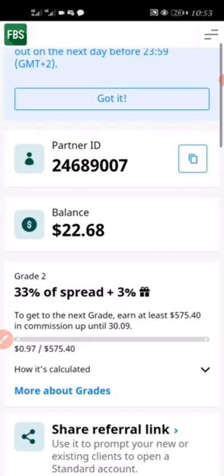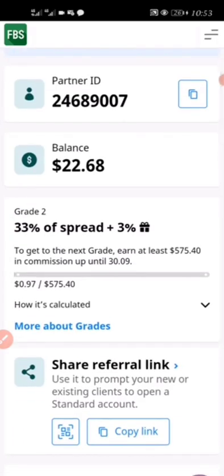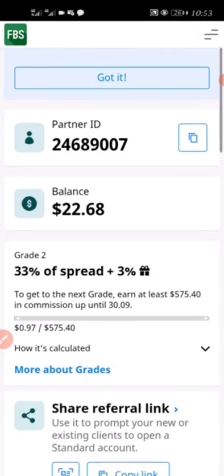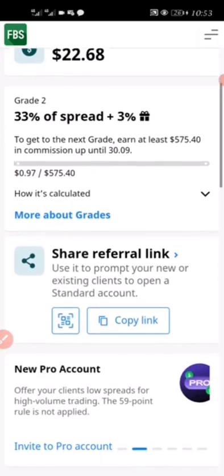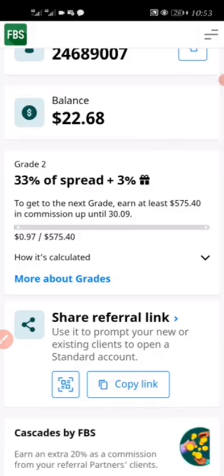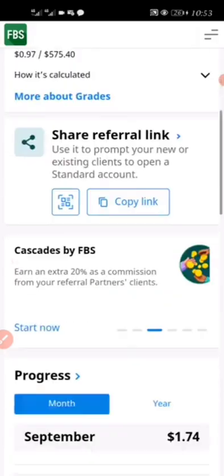Currently right now I have $22 in my balance. My balance now is $22.68. I've withdrawn a lot of money from them.